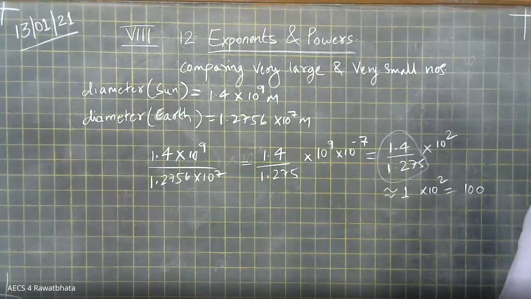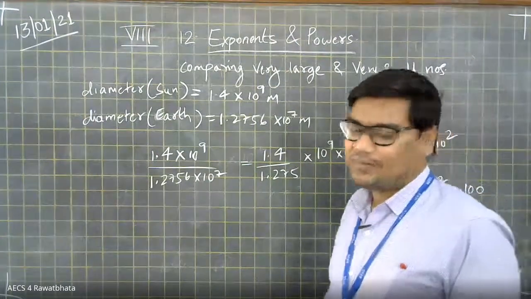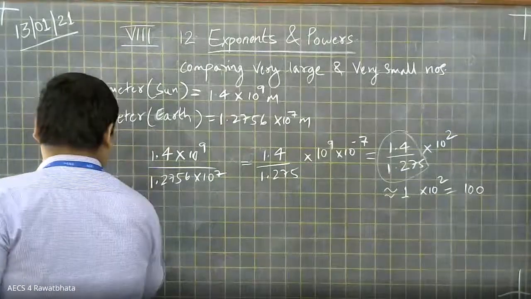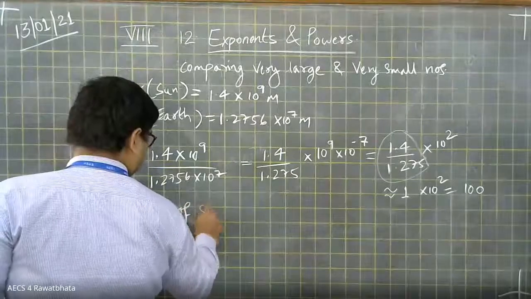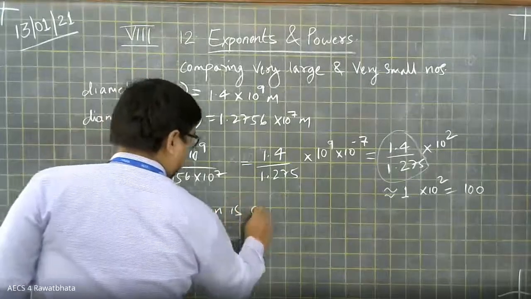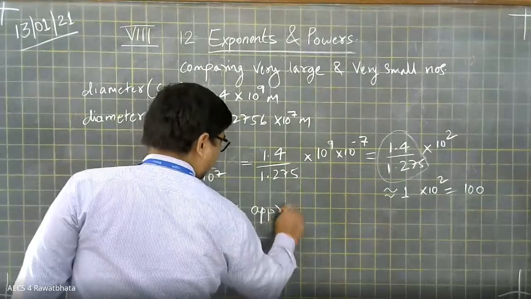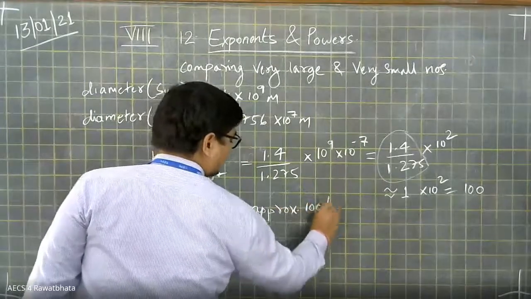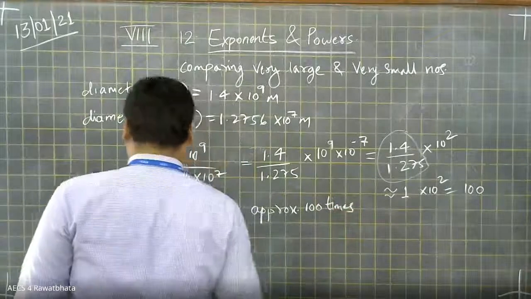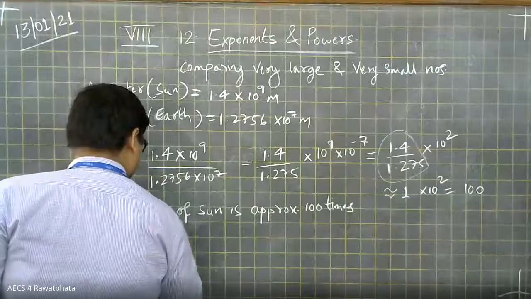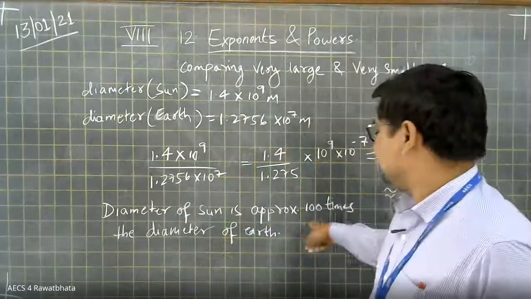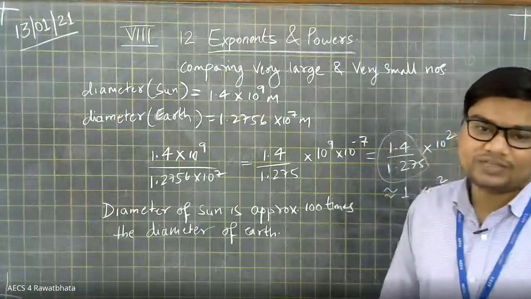So the diameter of the sun is approximately 100 times the diameter of the earth.